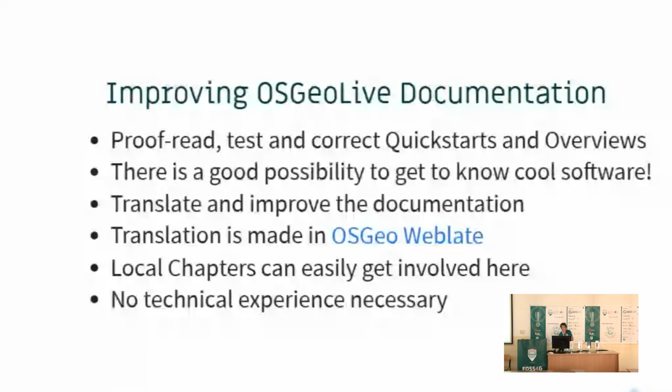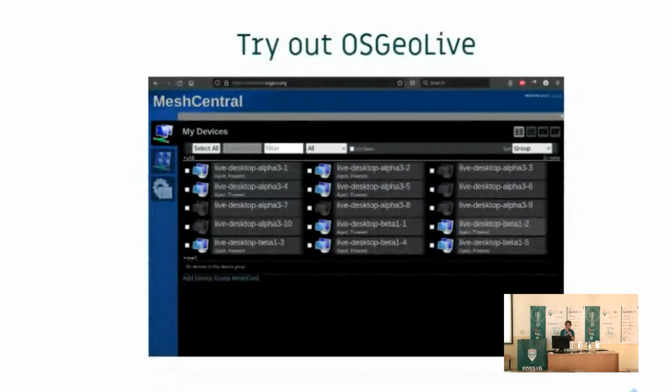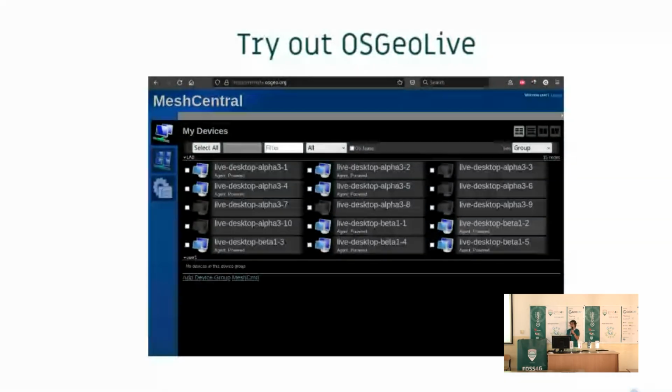And maybe this is important as well. Since I guess 2 or 3 years, we have OSGeoLive in the cloud. We have remote.osgeo.org where MeshCentral is installed. So you could use OSGeoLive online.